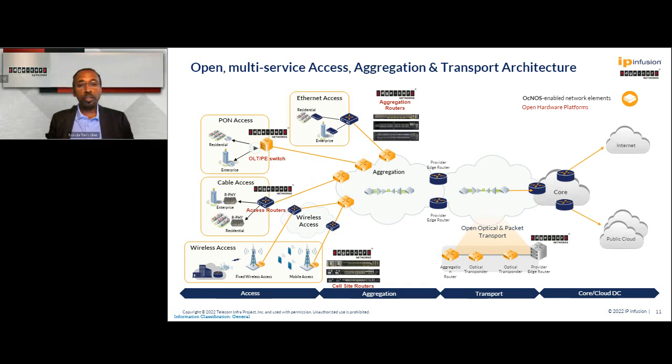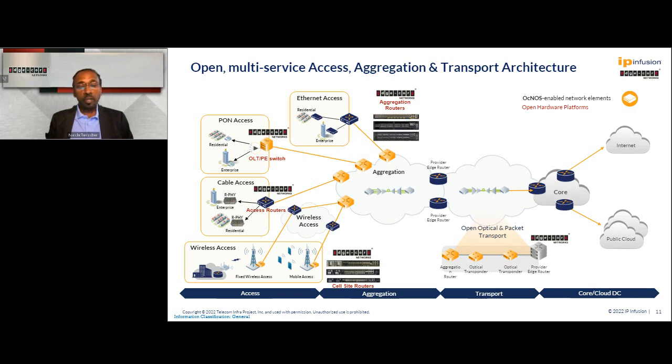Before we move on, I just wanted to point out that you would see an Edgecore platform at each of the access and the aggregation points. The platforms are versatile, and you can flexibly deploy them for different access points.